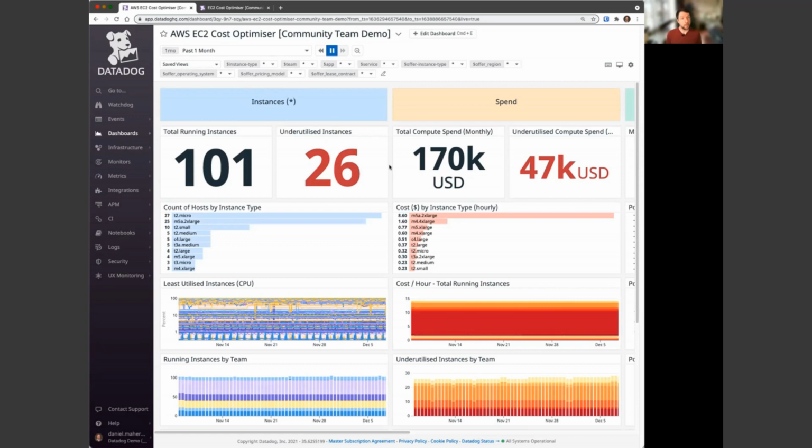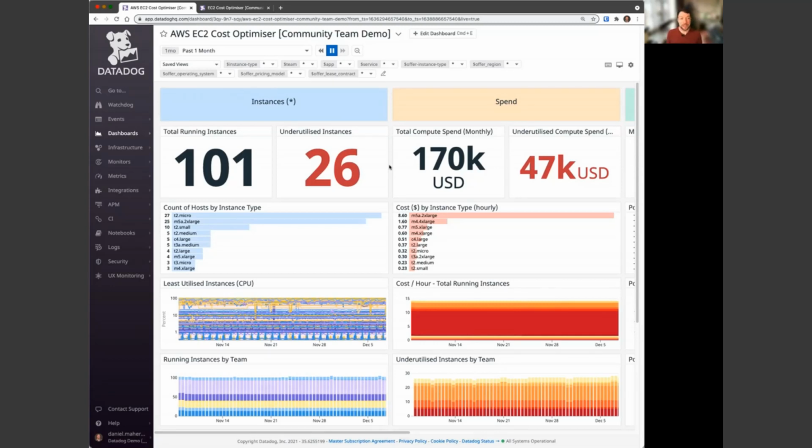But if you come and say, we've got 100 machines and we're underutilizing a fourth of them, we're overspending on 25% of our EC2 instances, boom. That means something. That's a good conversation starter, and a good place for you to start that conversation.